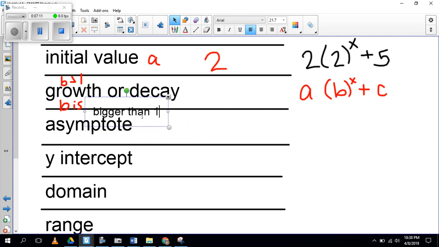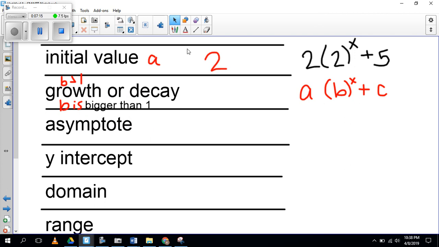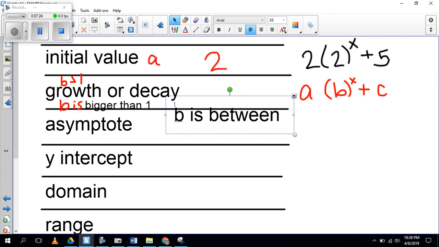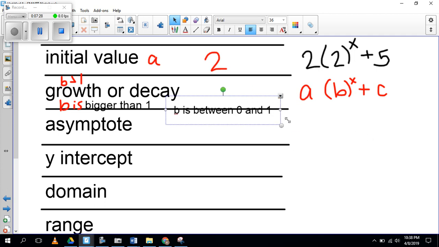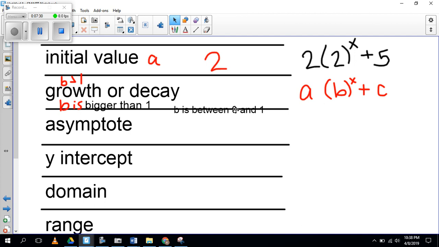So in order for it to be a growth, B is bigger than 1. For it to be a decay, B is between 0 and 1. So any decimal between 0 and 1 will give you a decay. I mean, it's going to decrease.